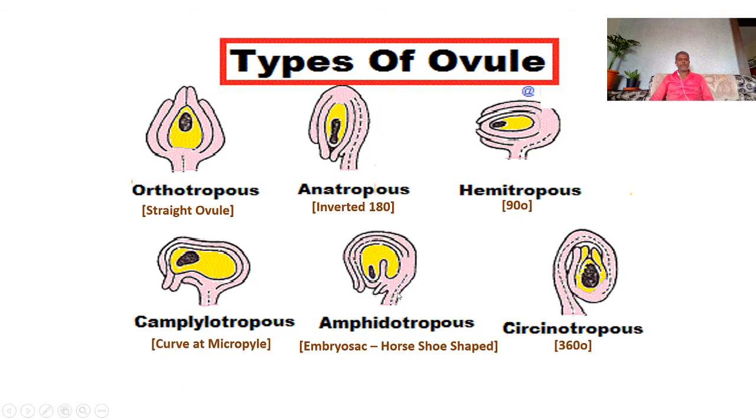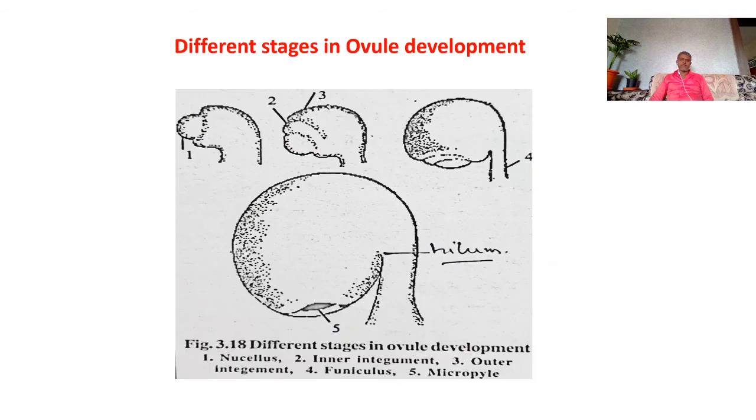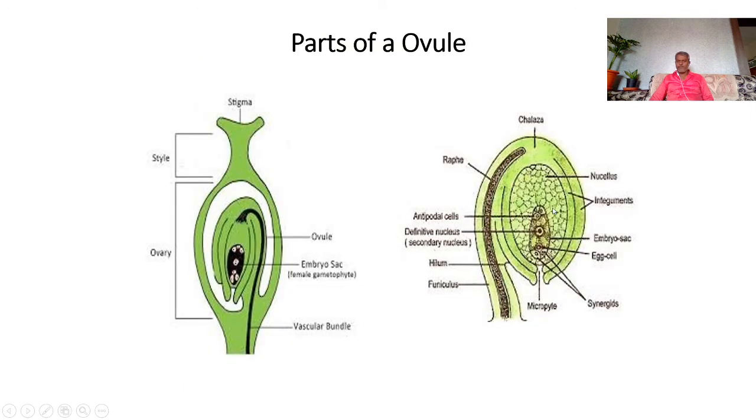Then here you can see the actual structure of the ovule. This is the funiculus. This is the body of the ovule covered with integuments. This region is known as chalaza, the region where the nucellus, the funiculus, and the integuments meet.